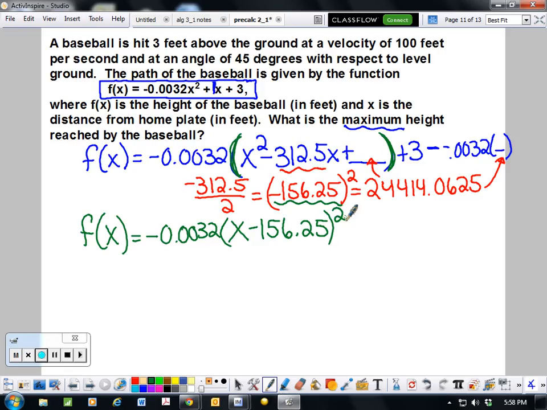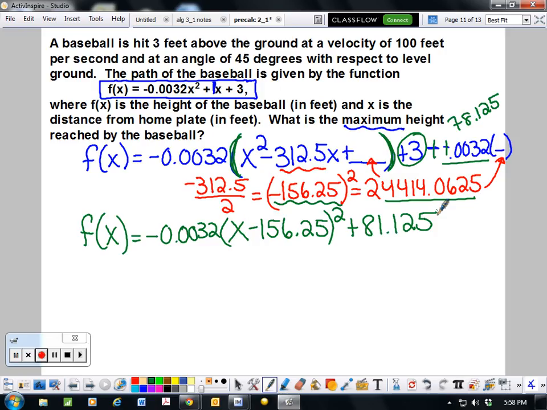And then I still have to figure out this lovely disaster over here. So I'm going to take this number and times it by 0.0032, and I get 78.125, and then I'm going to add that 3 to it, which means I get plus 81.125. Not so bad when you have the calculator there to help you out.